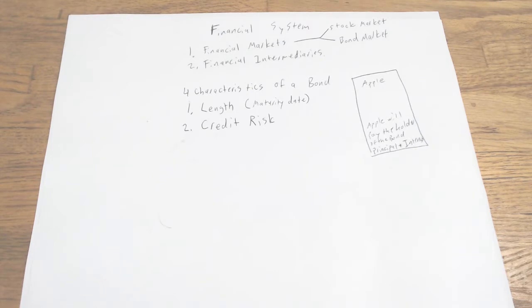Let's think about it this way. If the United States was going to offer a bond, what is the probability that the United States defaults on paying back the bond when the bond matures? It's going to be very low because the United States historically has been around for 200 years and they always have money.